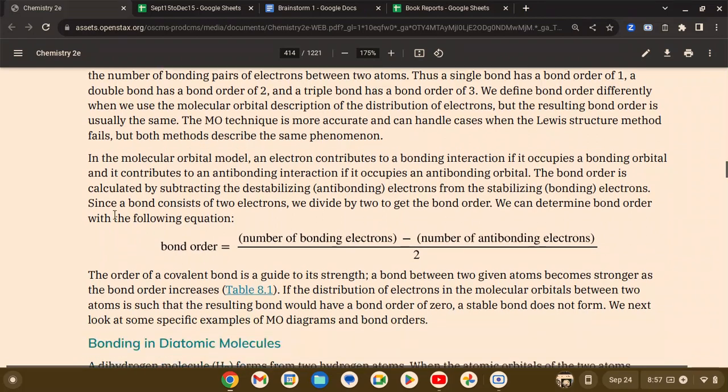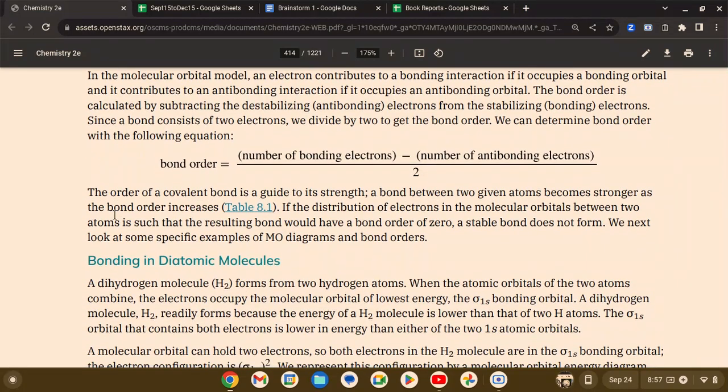In the molecular orbital model, an electron contributes to a bonding interaction if it occupies a bonding orbital, and it contributes to an antibonding interaction if it occupies an antibonding orbital. The bond order is calculated by subtracting the destabilizing antibonding electrons from the stabilizing bonding electrons. Since a bond consists of 2 electrons, we divide by 2 to get bond order. We can determine bond order with the following equation.